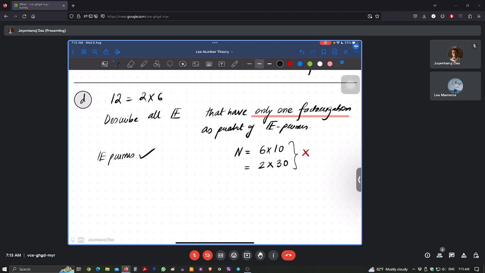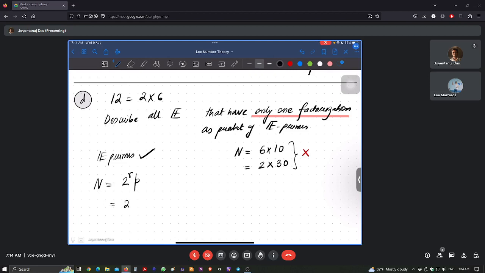So if the number is of the form some 2 to the power r times some prime number, then we will have only one E prime factorization.